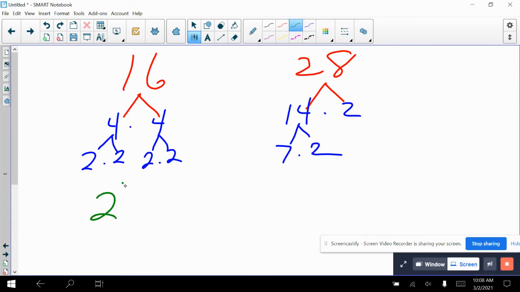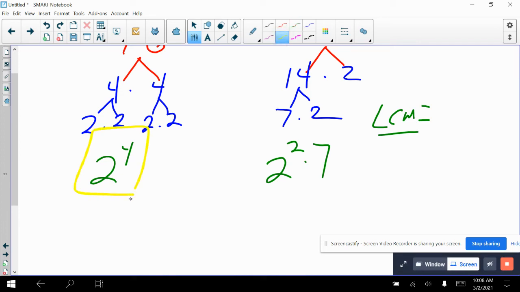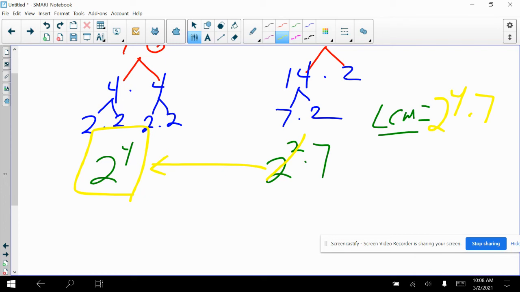So we can say 2 to the 4th, and 2 squared times 7, right? If we were doing it the exponential way, which is the larger exponent? 2 to the 4th. So you're taking 2 to the 4th, times 7.